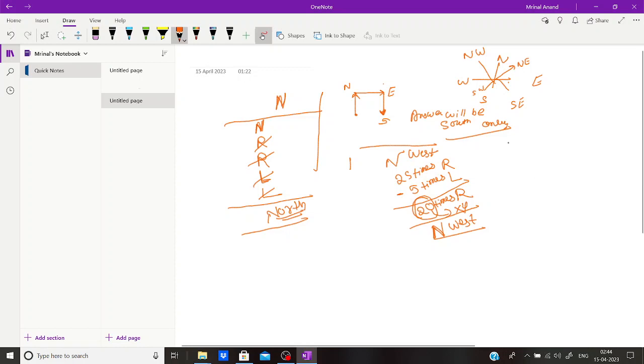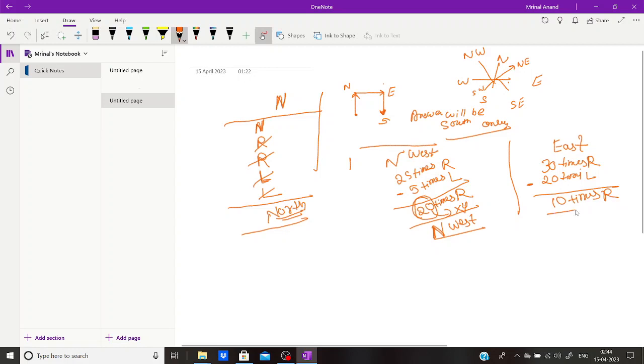Let us take one more example. If you are facing towards the east and someone asks you to travel 30 times right and 20 times left, if you subtract this, you will get 10 times right.